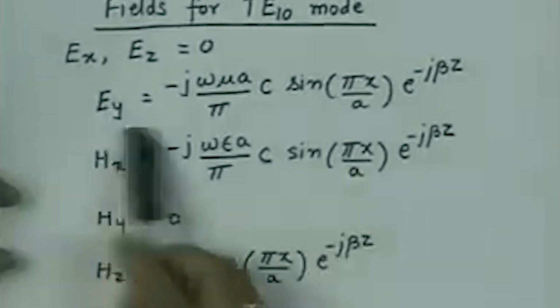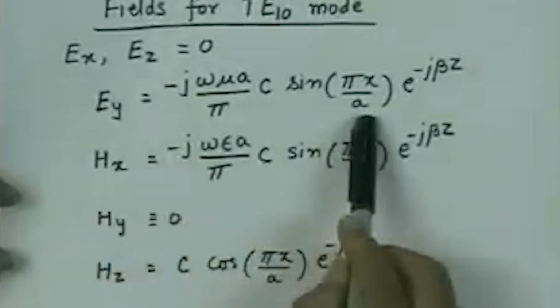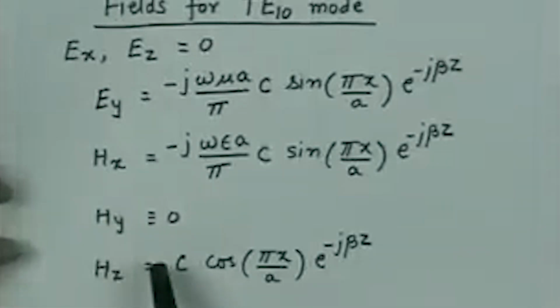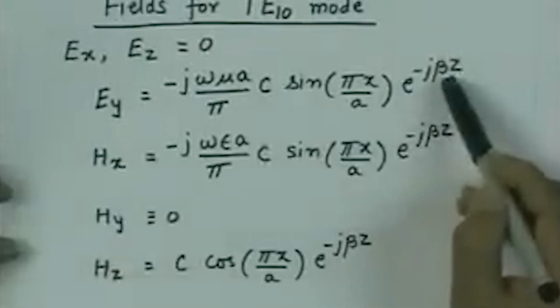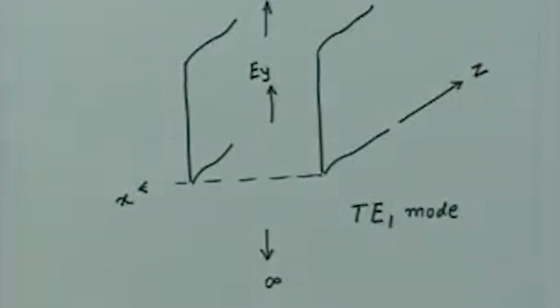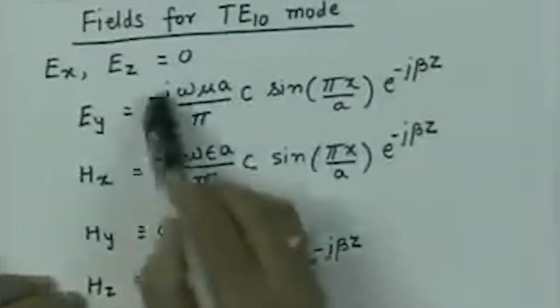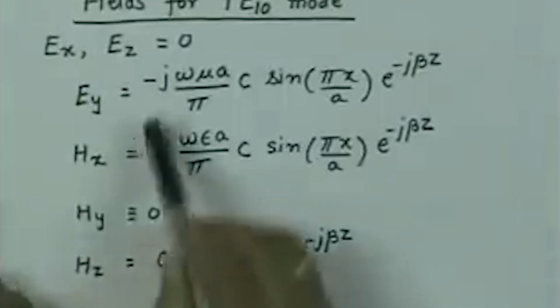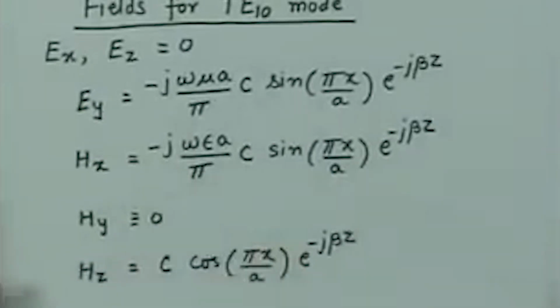Firstly, the electric field will be y oriented, they will have variation in the x direction, and they will be varying again in the z direction with phase constant beta. So, in this direction if I look at the field variation and write down the expression for this, I will get again sinusoidal variation in the z direction also.